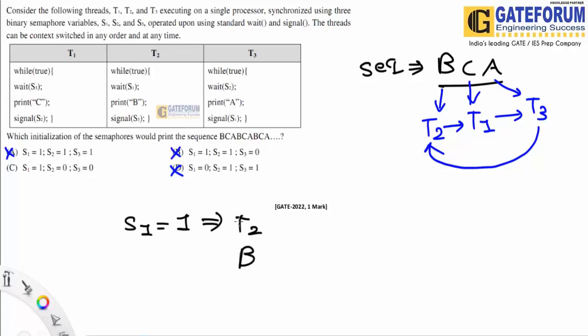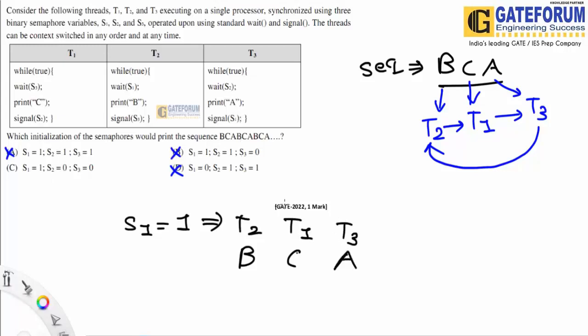Signal always increments and wait always decrements. After this, it will go to T1, and T1 will print C. After this, it will make the value of S2 equal to 1, so it will go to T3 and print A.